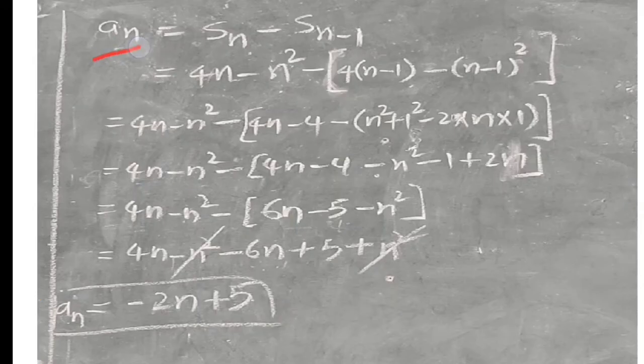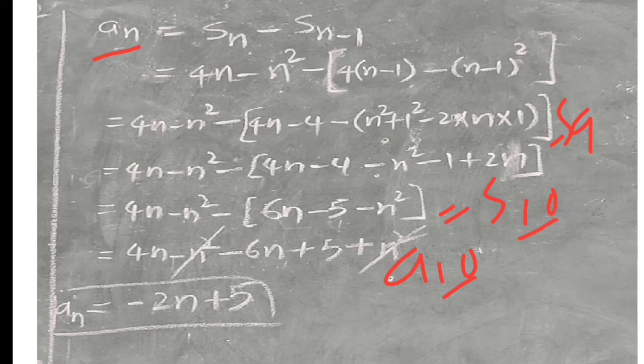Next, the nth term. If you observe A10, it is S10 minus S9. Here 10, here also 10, then here 9, in decreasing order. Similarly, An equals Sn minus Sn minus 1.